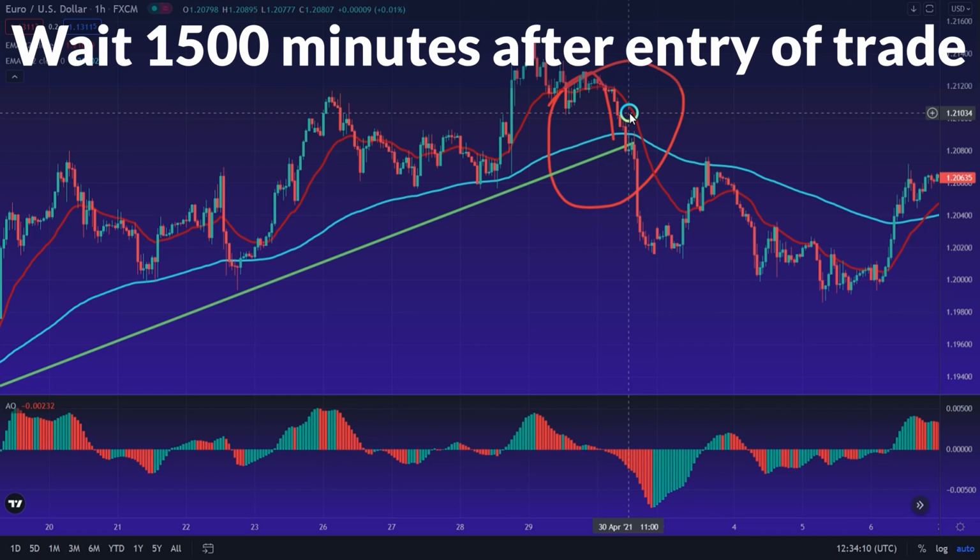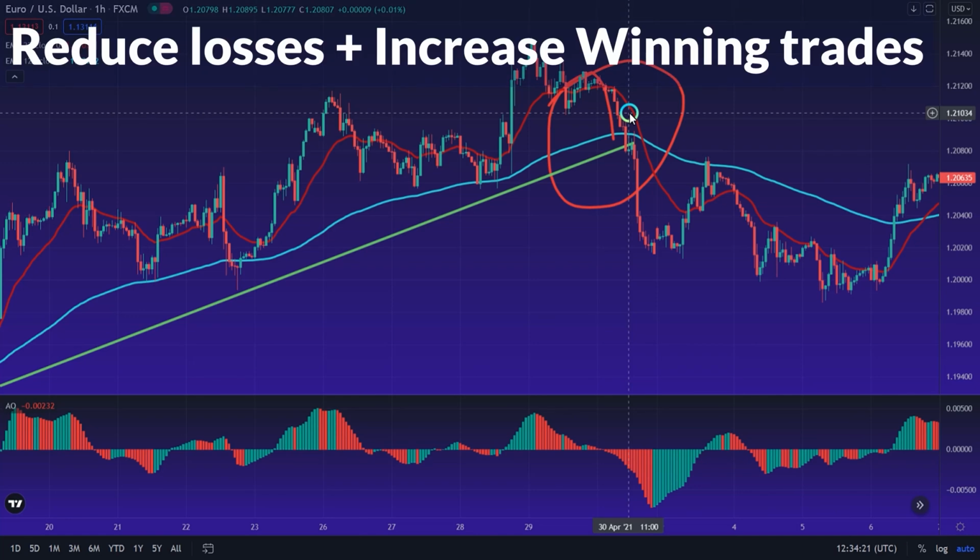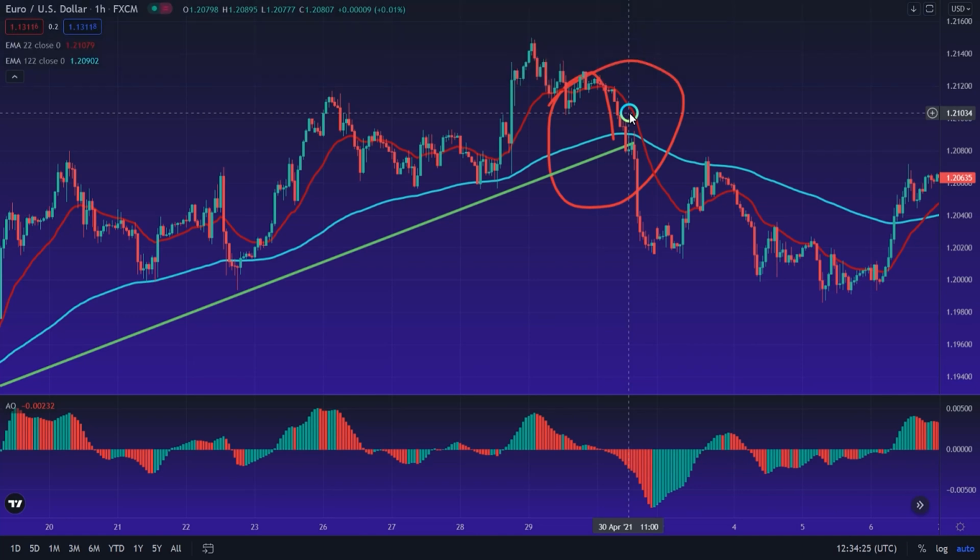It is a time filter, an X minutes time filter that helped me, and it actually works. And if you add this to your strategies, it will reduce your losses, and it will increase your profitability by tens of percents. So I highly recommend it.